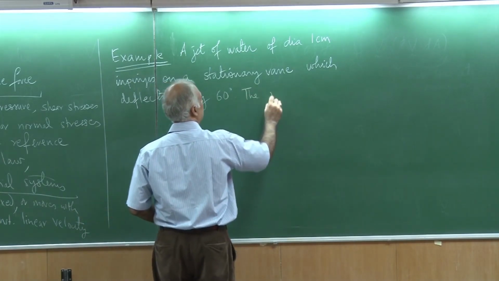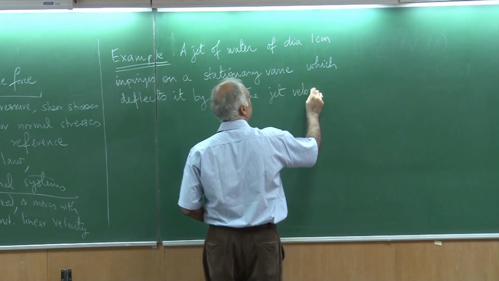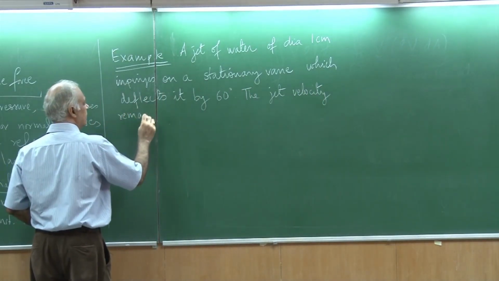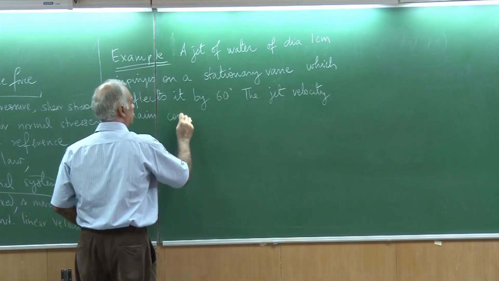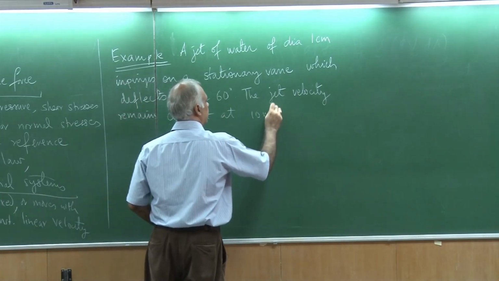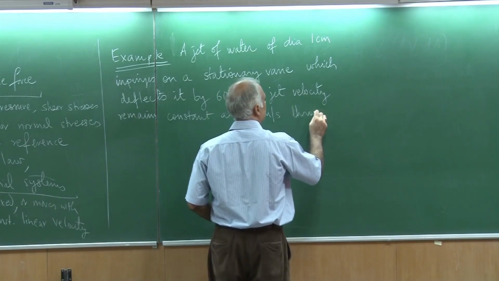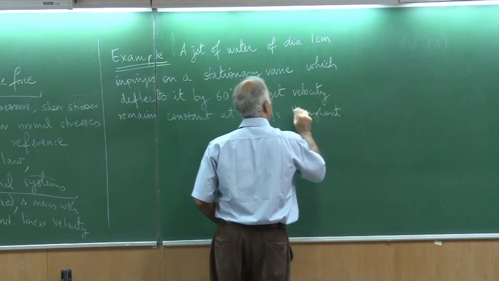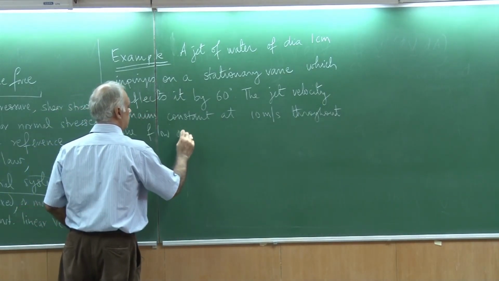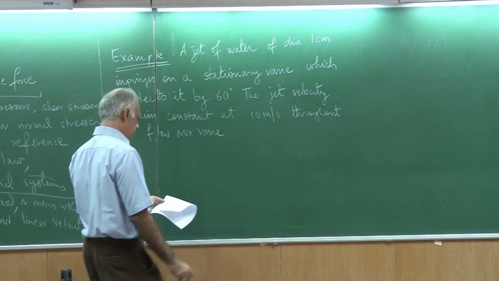So the jet velocity remains constant at 10 meter per second throughout the flow over the vane.